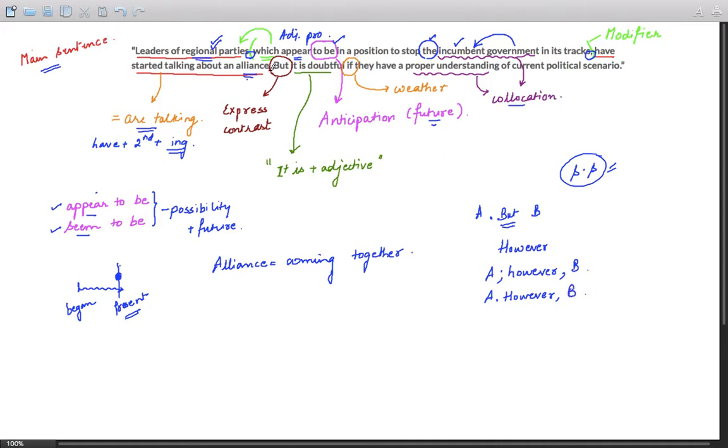Now, but it is doubtful. It is plus adjective is a commonly used construction in the English language. This is pretty common. For instance, it is likely to rain. Or it is impossible for me to meet you today. So these are adjectives and they are often used in English.